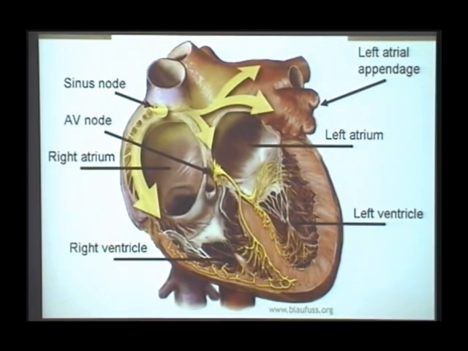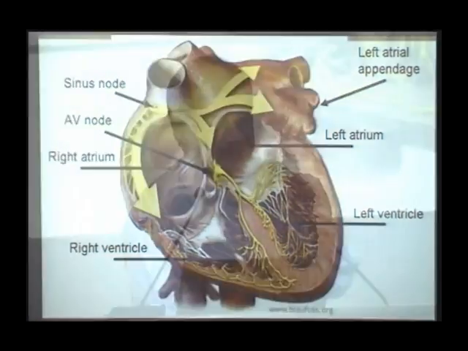Once the bundle branches divide into anterior and posterior fascicles and the right bundle, they divide into very, very small twigs called Purkinje fibers. So the end result is the Purkinje fiber. The Purkinje fibers supply individual cardiac myocytes.